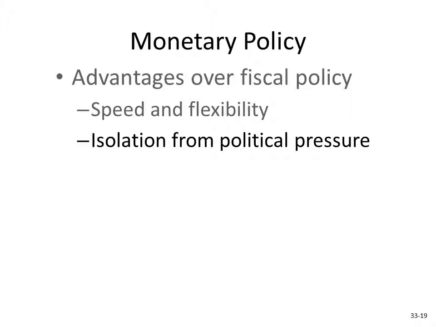It took about 18 months, but inflation dropped from a high of 17% in 78-ish, and then all the way down to under double digits in the early 80s. So speed and flexibility and isolation from political pressure.